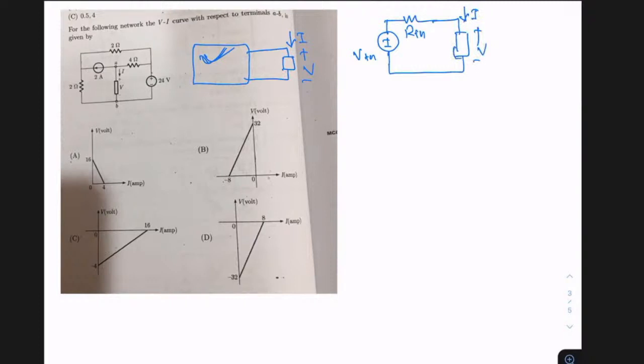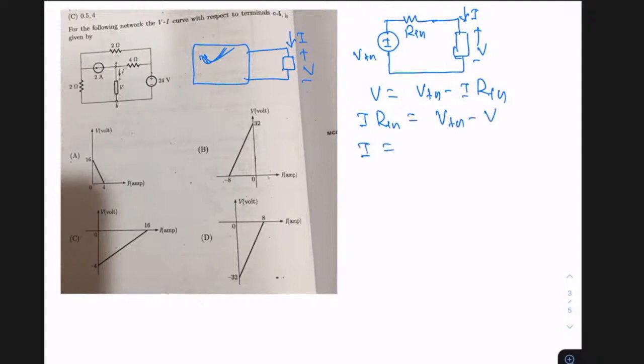In this case, you can have the equation V is equal to VTH minus I RTH. Yes or no? V is equal to VTH minus I RTH. If you rewrite this equation, I RTH is equal to VTH minus V. So what is this I?